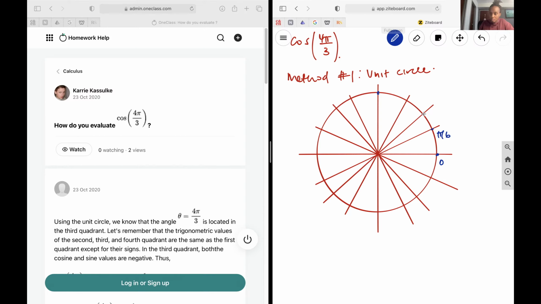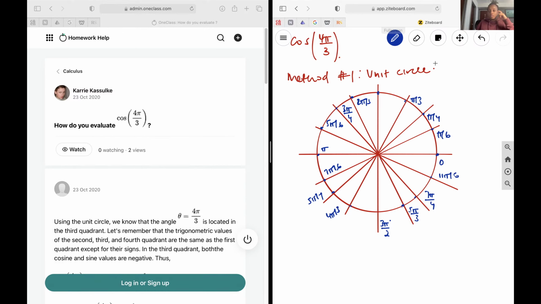Pi over 6, pi over 4, pi over 3, pi over 2, 2 pi over 3, 3 pi over 4, 5 pi over 6, pi, 7 pi over 6, 5 pi over 4, 4 pi over 3, 3 pi over 2, 5 pi over 3, 7 pi over 4, and 11 pi over 6.